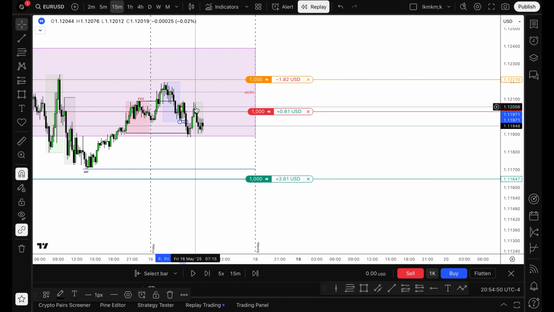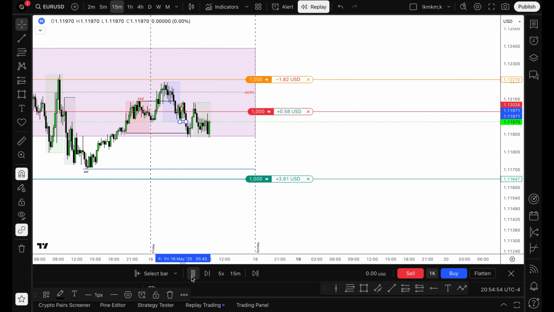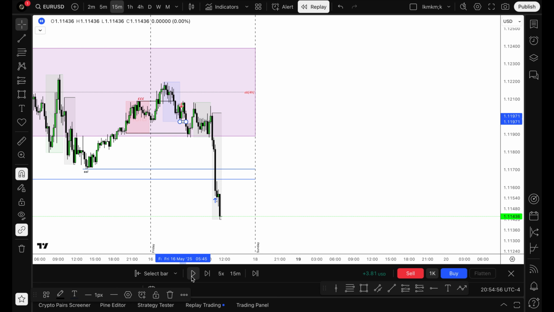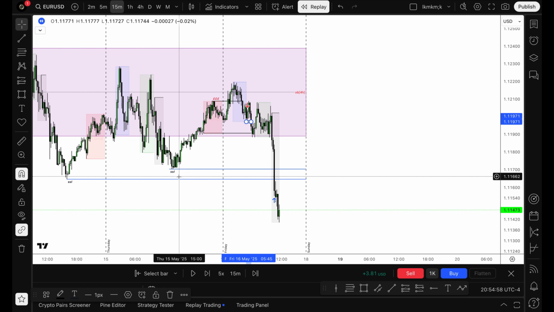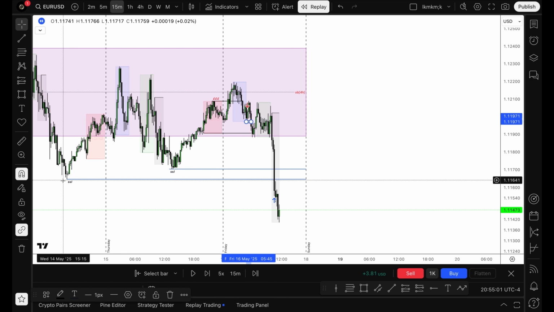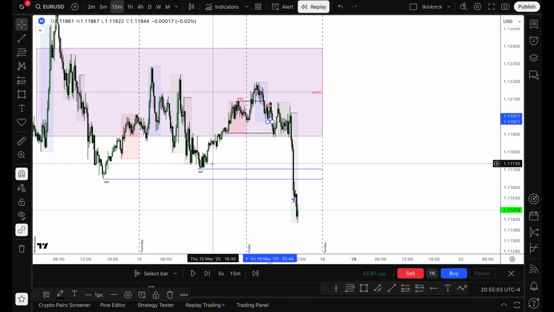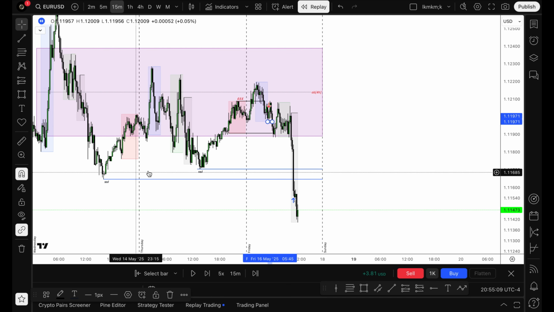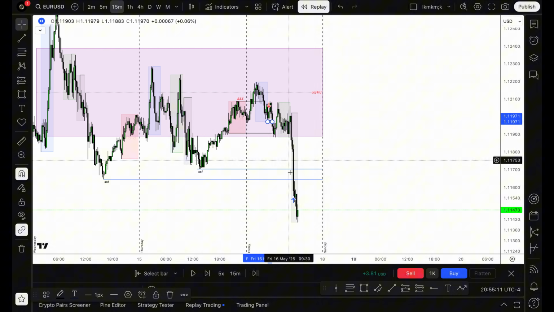Price retraced back into our entry point, and then price is moving lower to the downside, and then we finally reached our take profit point, which was Wednesday's low and Thursday's low, which also formed equal lows that the markets don't like. And then it tends to punch through that.